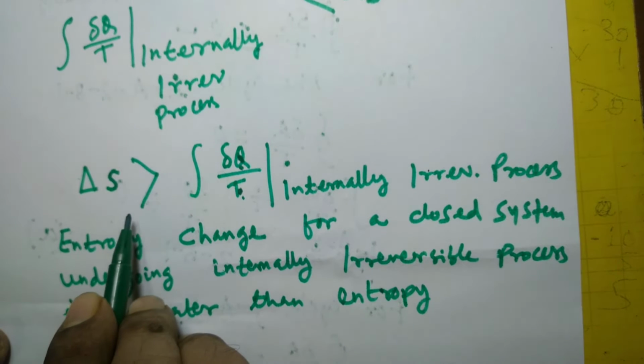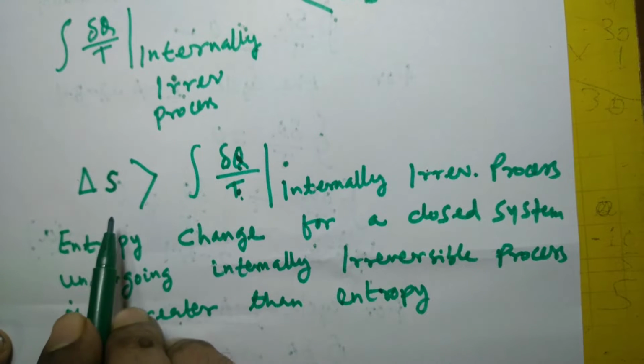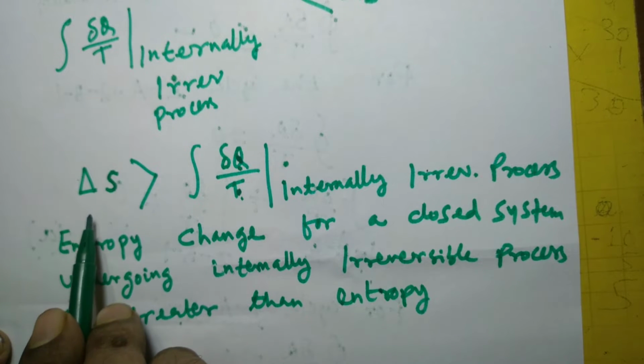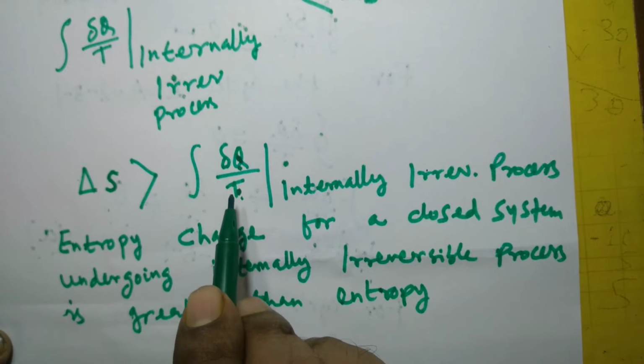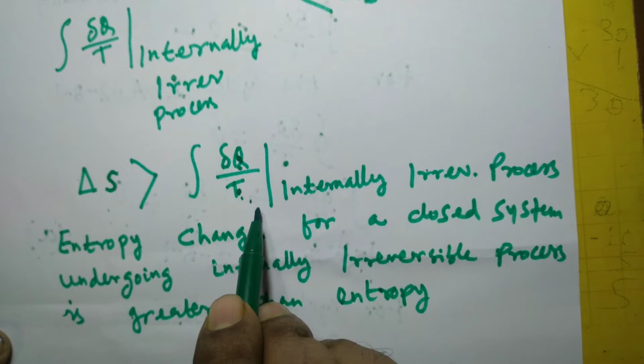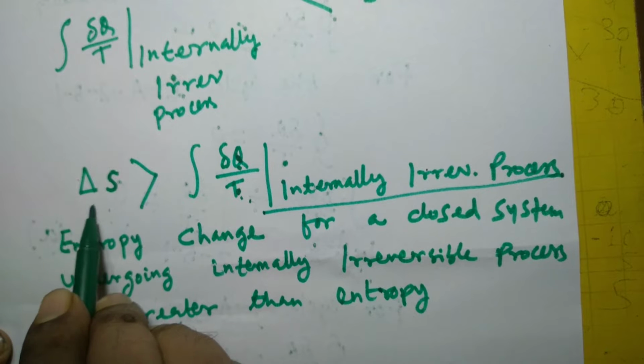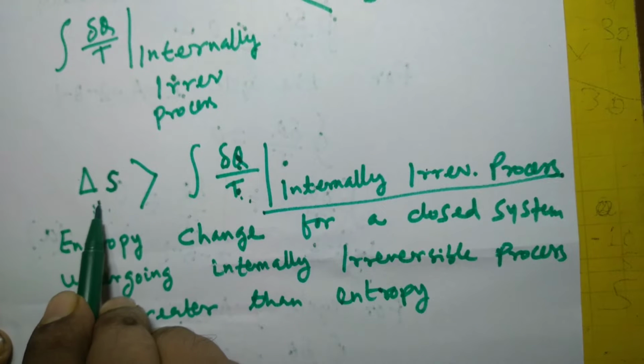And if that particular process is irreversible, then the change in entropy between two end states will always be greater than the integral of del Q by T evaluated along the irreversible path, and this is equal to the integration evaluated along the reversible path.